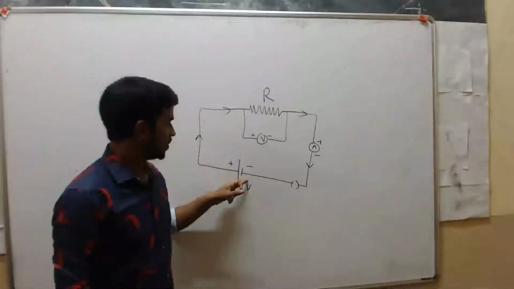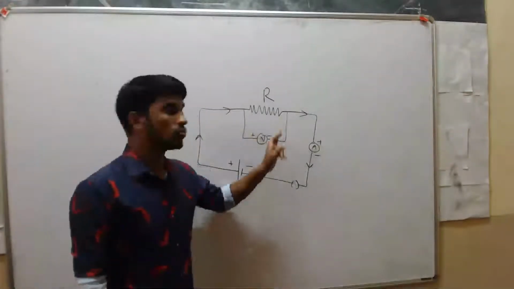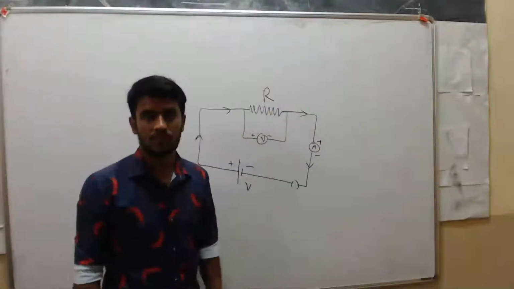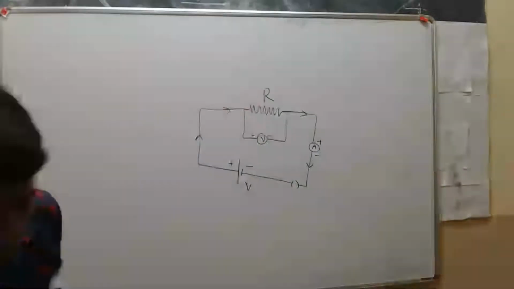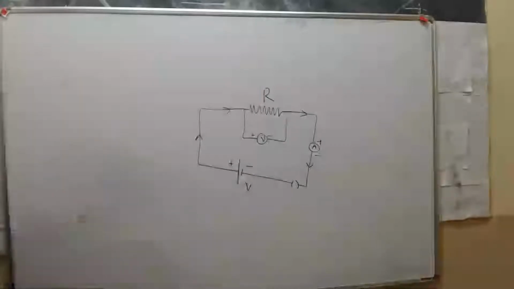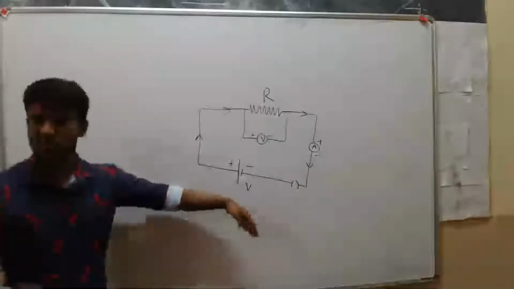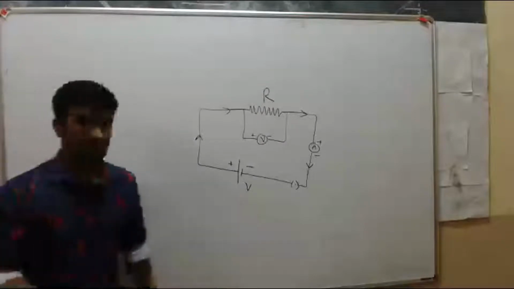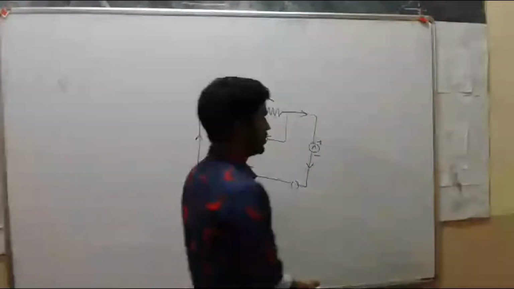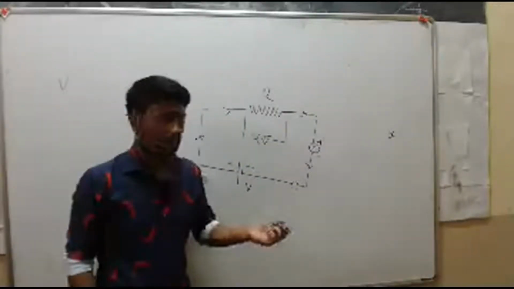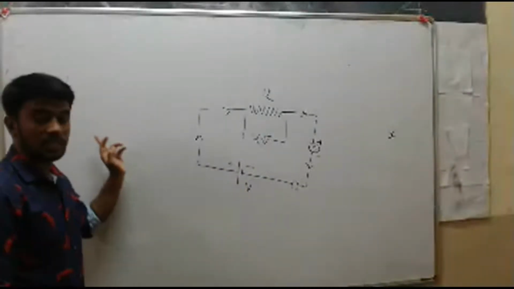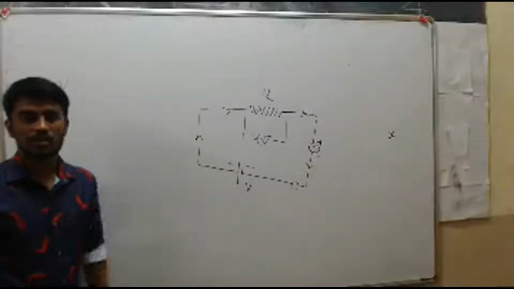Electrons will move from the negative side to the positive side through this resistor. Now I am passing voltage, right? I take it as V. Why? Because I don't know whether it is 2 volt or 3 volt, whatever it is. For unknown values, you take a variable. I am supplying some amount of voltage, so I take the potential difference as V.